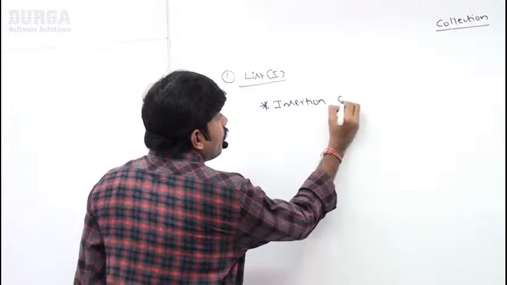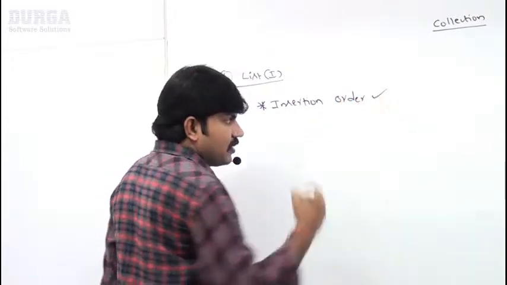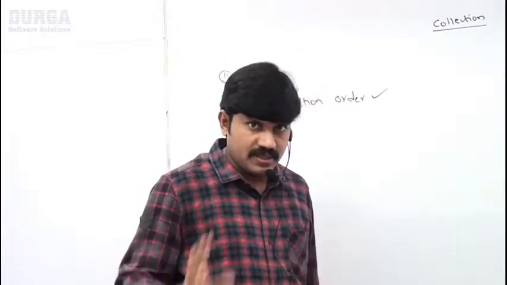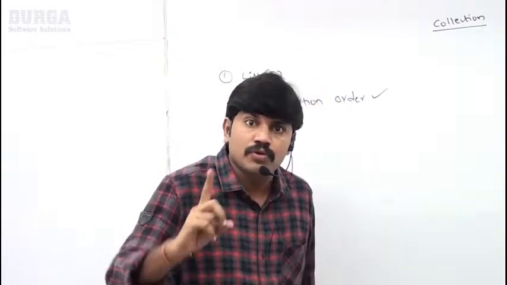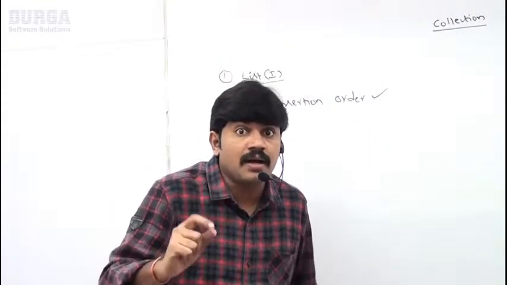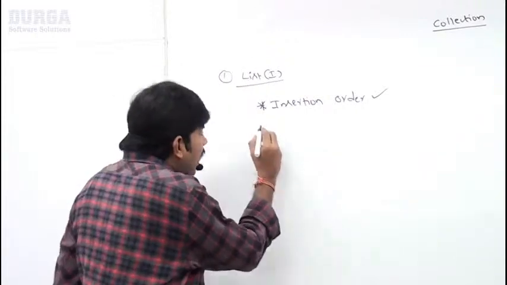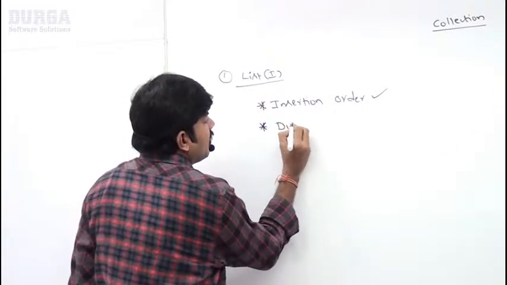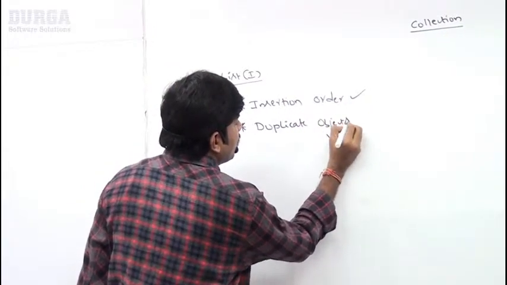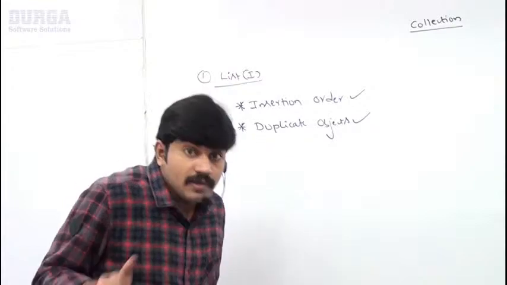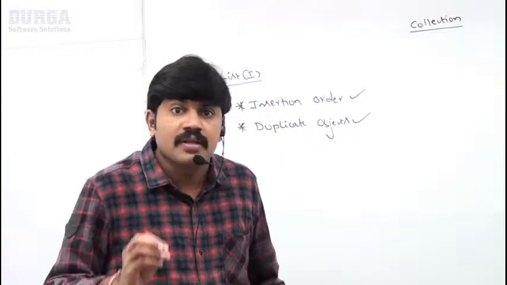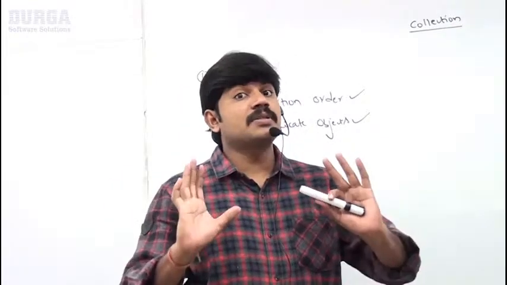Insertion order must be preserved: in whichever order we inserted, in the same order the data should be saved inside memory. And duplicate objects are allowed. Remember that insertion order must be preserved and duplicate objects are allowed. If you have this type of requirement, then happily we can go for the list concept, right?